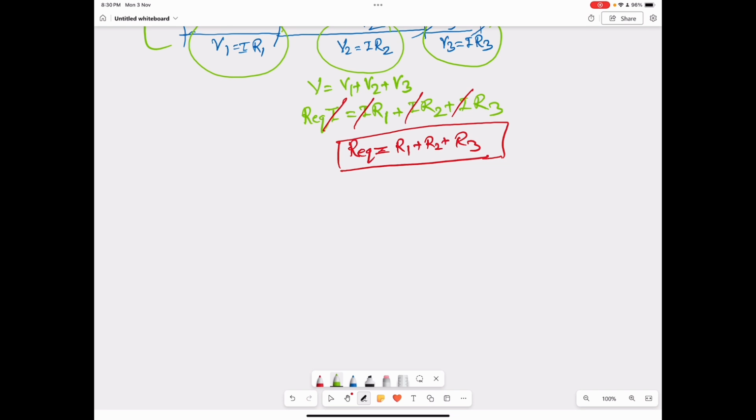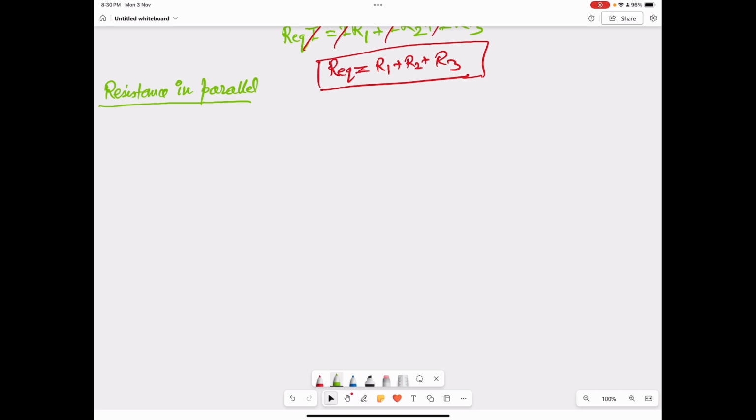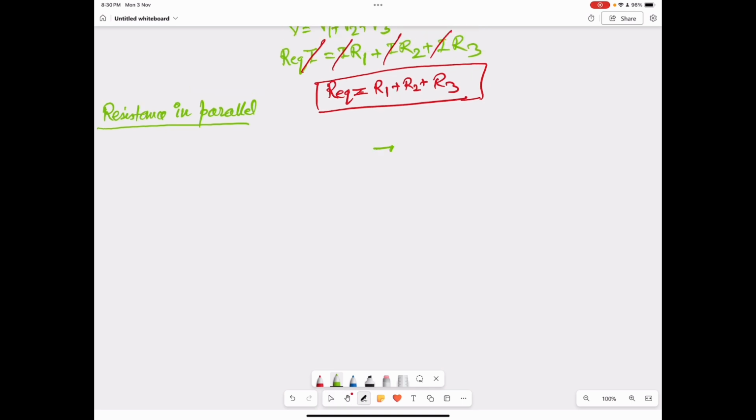Now we come to the other topic, which is resistance in parallel. Parallel means there is one resistance R1, another resistance R2, and the third resistance R3.